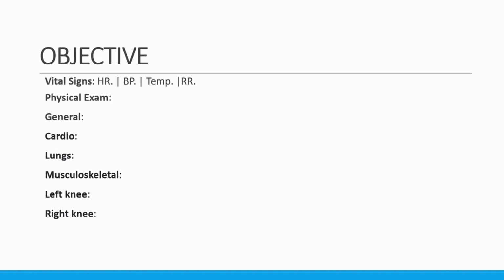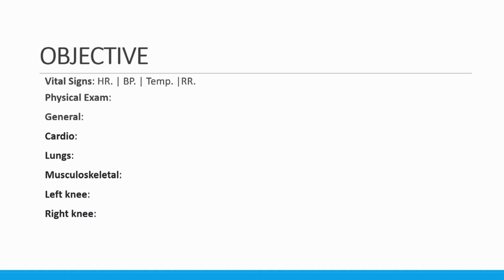So here we're going to document the examination, and we want to try to be concise and also again pertinent to the information of the patient's major chief complaint. So here you can have something like general assessment, perhaps lungs.